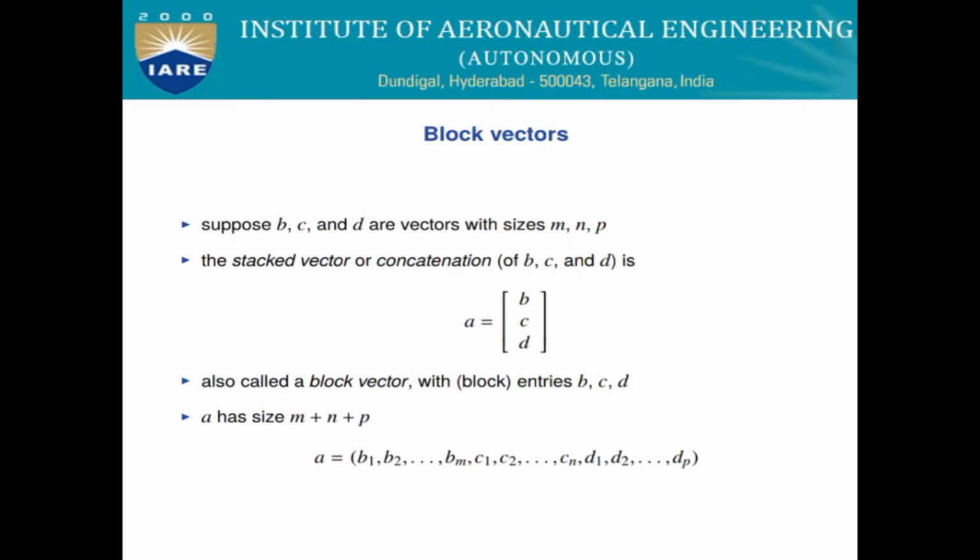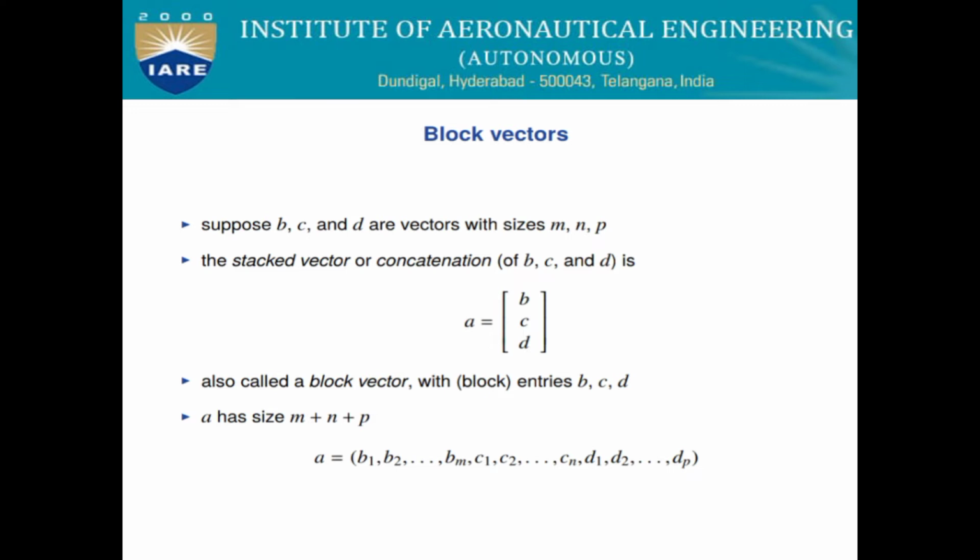Block vectors. Suppose b, c, and d are vectors with sizes m, n, p. The stacked vector, or concatenation of b, c and d, is a equals b, c, d.